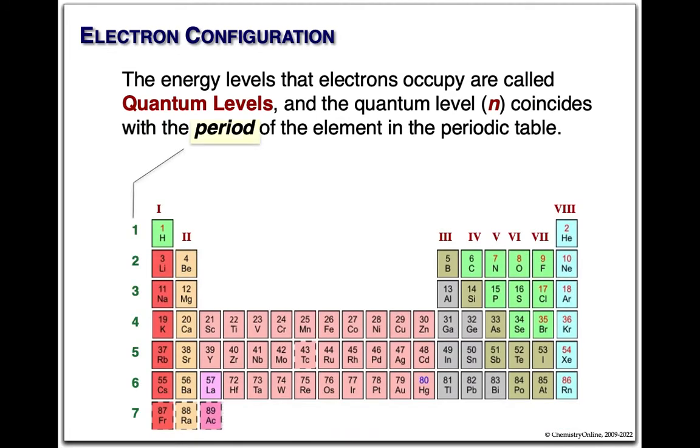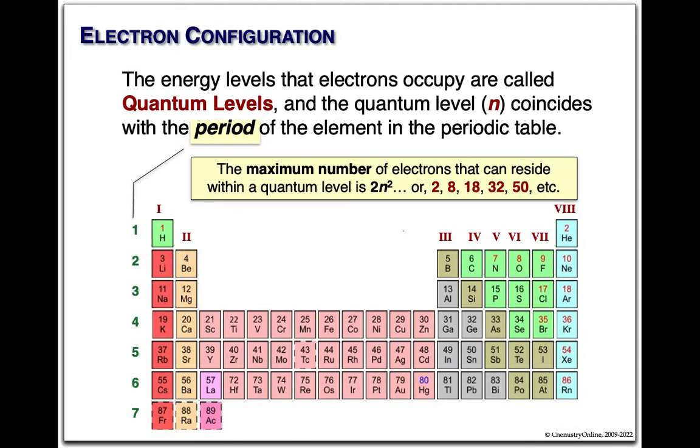Now, as I said, the number of energy levels or quantum levels in a given atom is dictated by the period in the periodic table. Again, carbon here in the second period has 2 quantum levels. Each quantum level can hold a certain number of electrons, 2n squared, where n is the period number.